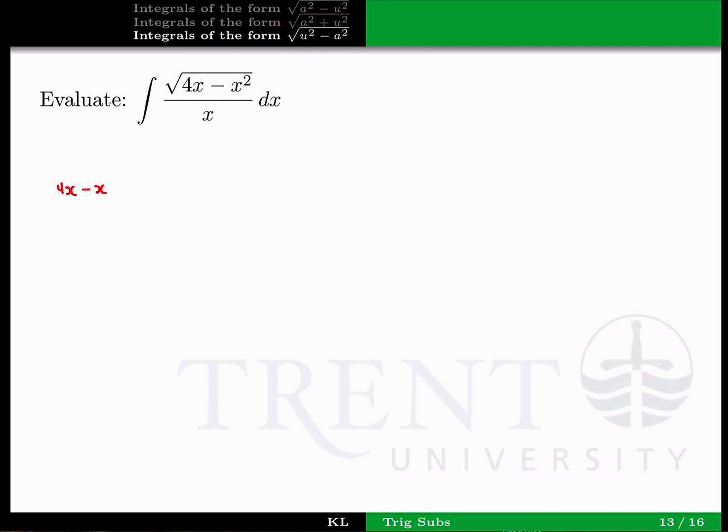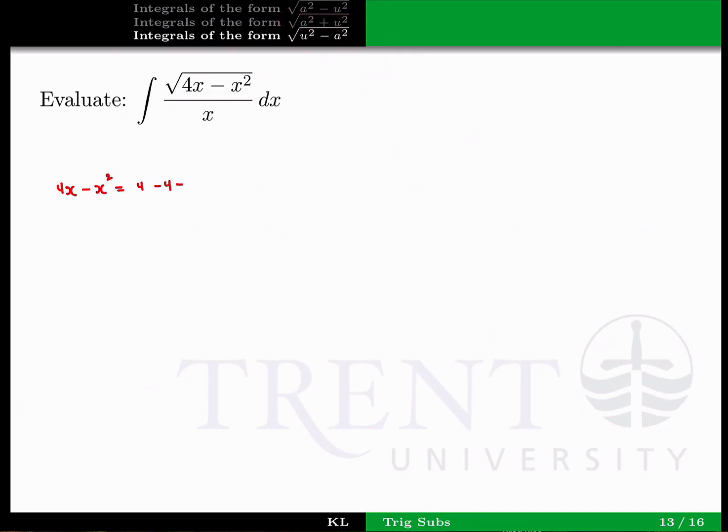We got 4x minus x squared. What we're gonna do is to add 4 and subtract 4. So in here, we will have 4 minus 4, that's equal to 0.